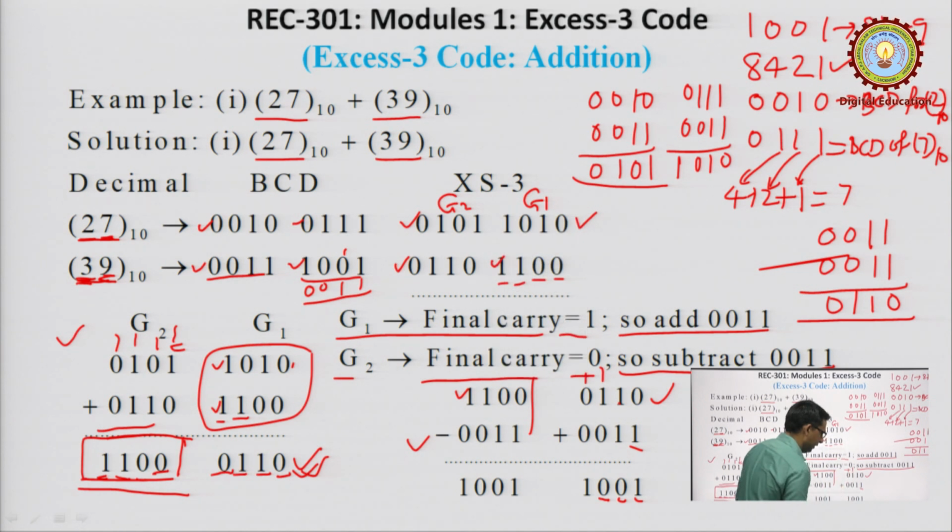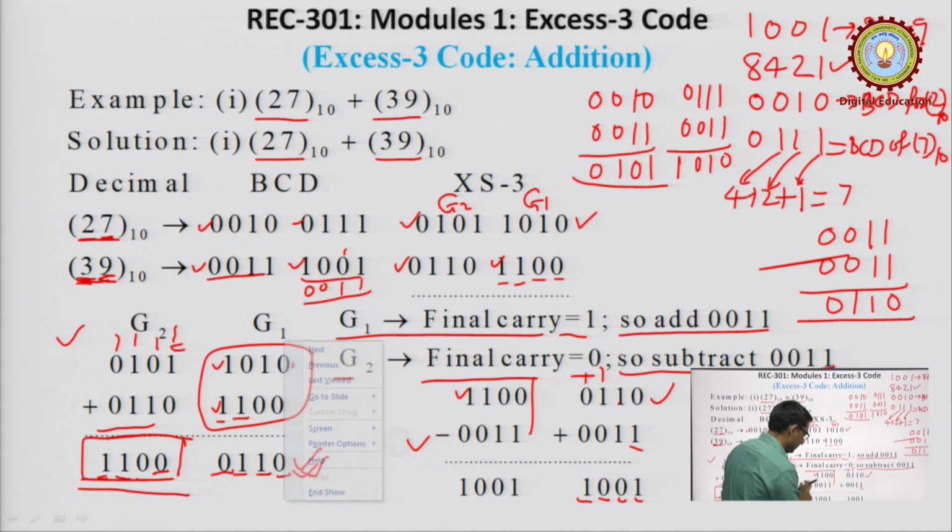This carry will go here, and 1 plus 0 plus 0, the sum is 1. Now, from this, 0 plus 1 is equal to 1, 0 plus 1 is equal to 1.